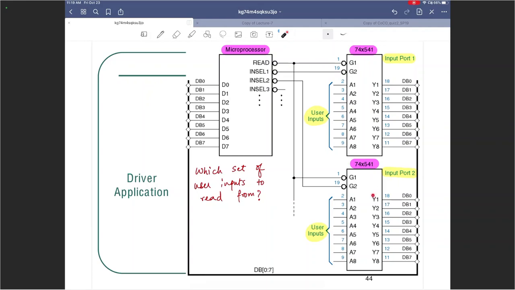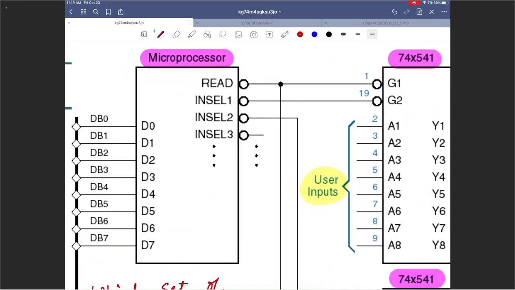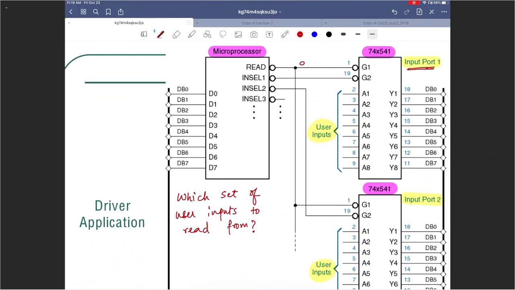So the question is, how should I set it up so that it reads from input port 1? What should I have? I should make this 0. Why? Because this guy is for input port 1. So I should make the first one 0.